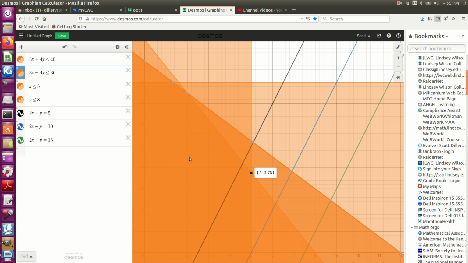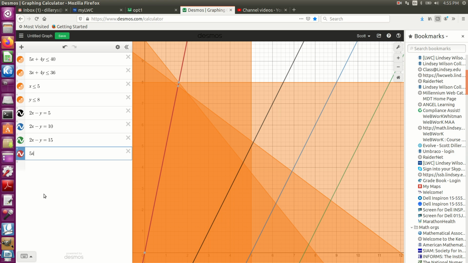Now, you can even get some weird things where, if I pick just the right thing, suppose I want to maximize 5x plus 4y equals, and because I picked a constraint up here, I know that it's going to be 40. So it can happen that whatever you're trying to maximize or minimize, your objective, could actually turn out to match one of your constraints.